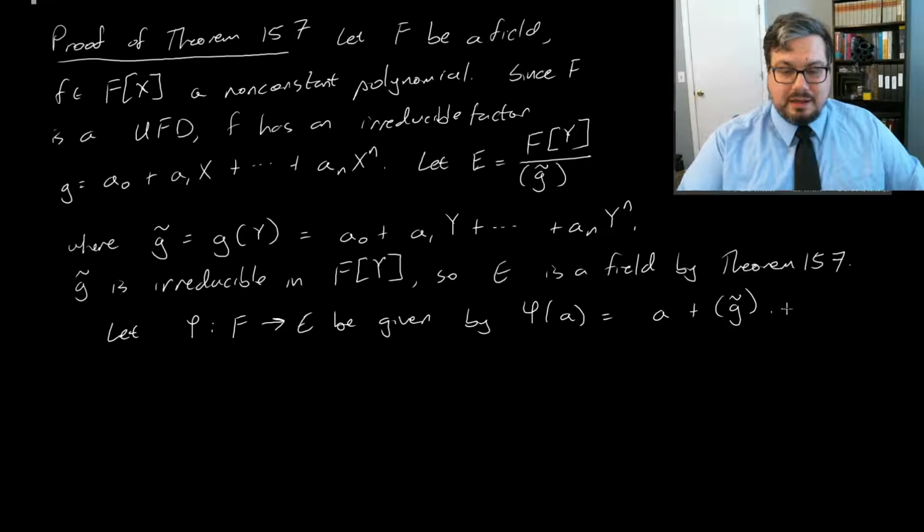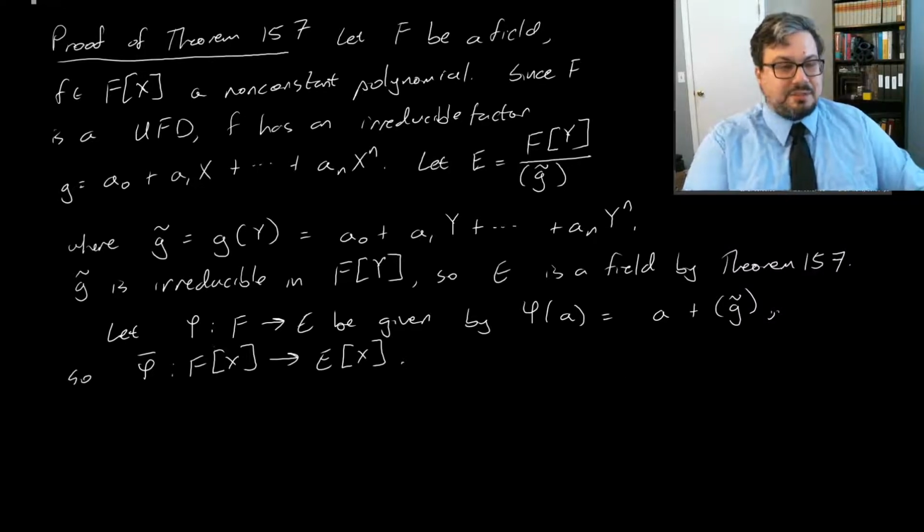And so we have phi bar, which goes from F adjoin x to E adjoin x. Now this ring right here, E adjoin x, it's a little bit strange to think about. It's polynomials in the variable x where the coefficients of the powers of x are elements of E. So the coefficients of x in this ring look like polynomials in y plus the ideal generated by g tilde.